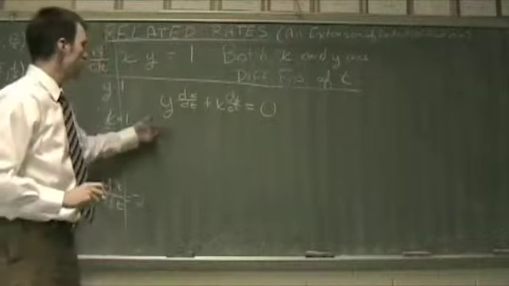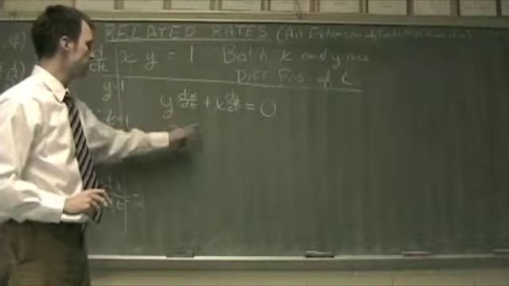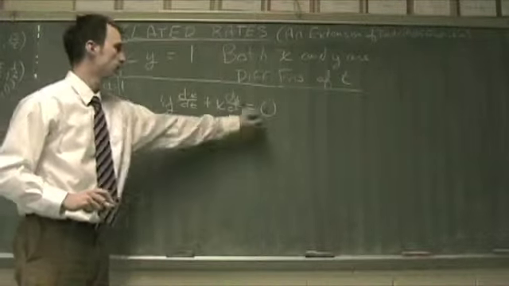Okay? So here now, y times dx/dt plus x times dy/dt is equal to 0.